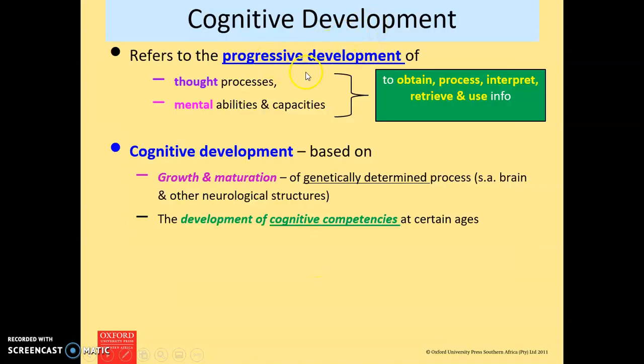Moving to the second domain, the cognitive domain, it refers to the progressive development of thoughts, our mind, our mental processes. When we talk about cognitive, we talk basically about the development of our brains. In our brains we have mental or thought processes and the ability and capacity to obtain, process, interpret, retrieve and use information.